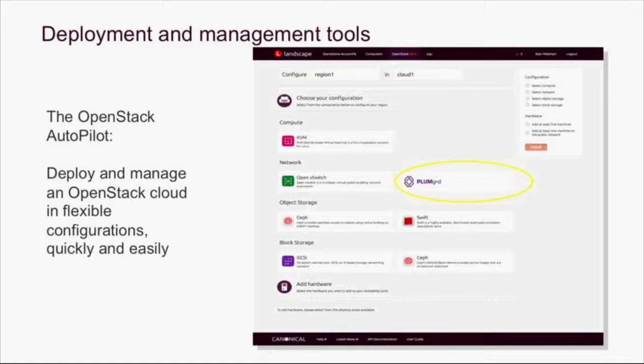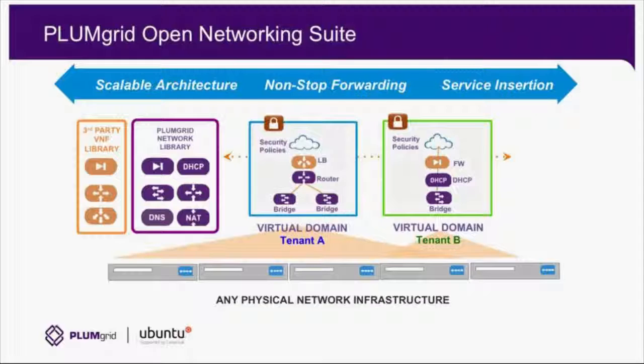And very much part of that roadmap you'll see is PLUMgrid coming into the autopilot, so that you'll be able to select it and install it as part of the implementation, with the comfort that it's been proven through the testing in OIL. We keep moving on, just looking at time. I need to keep moving and give Azmir some time to talk about PLUMgrid and Open Networking Suite.